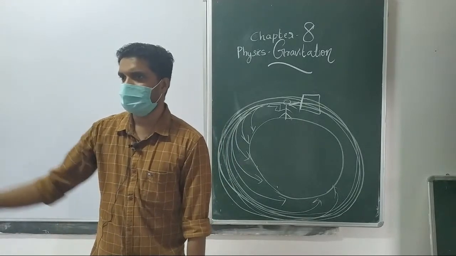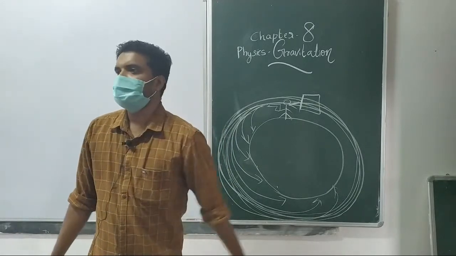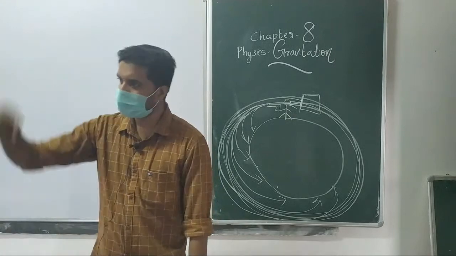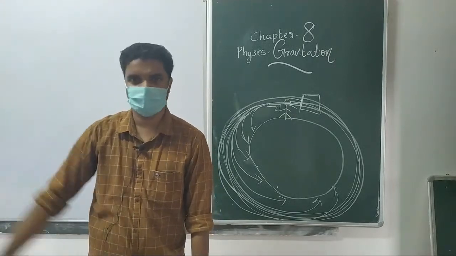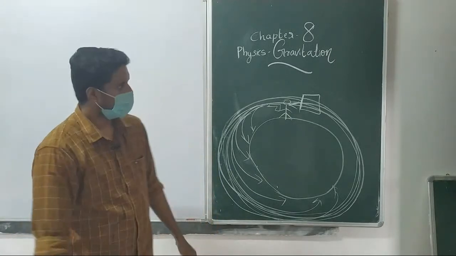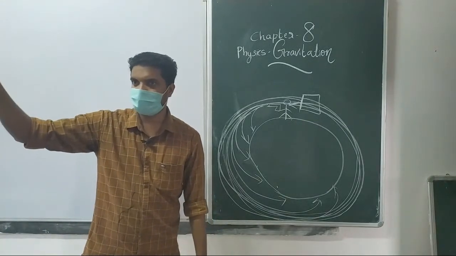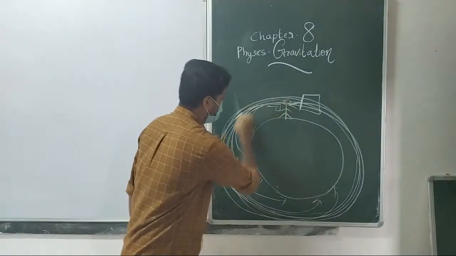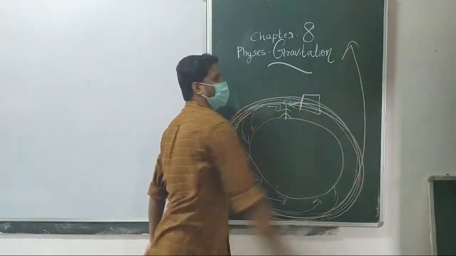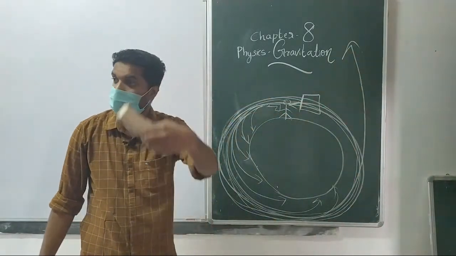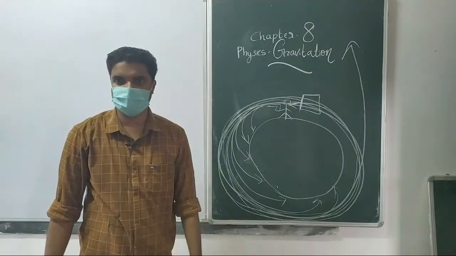Understood? Chandrayaan, we are sending to the moon, then it will revolve around the moon with that velocity. And if I increase the speed again, what can happen? It can escape out from the Earth's gravitational field.